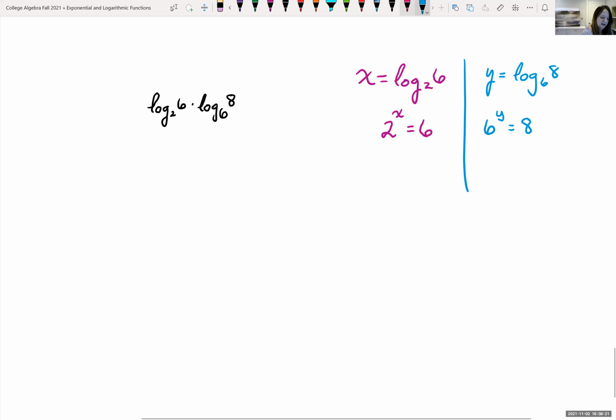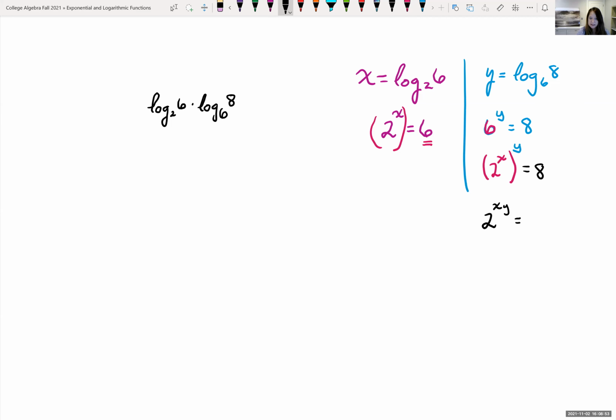But over here, it tells me what 6 is equal to. So let's go in and replace what 6 is with 2 to the x. So instead of 6 here, I'm going to rewrite this as 2 raised to the x power, raised to the y power, is equal to 8. So rules of exponents, power to power is multiplication. So we have 2 raised to the x times y power equals, well, I want to use the rule that if I have the same base, I can set my exponents equal to each other.